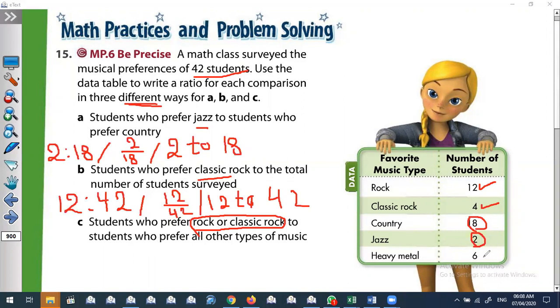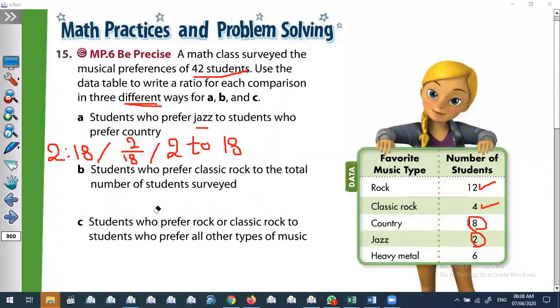Classic rock, not 12. Here, rock is only 12, so I will erase here. Sorry. Erase this answer. I need classic rock. Classic rock 4, to the total means 42. Fraction, it will be 4 over 42. Letters 4 to 42. Sorry for this mistake.